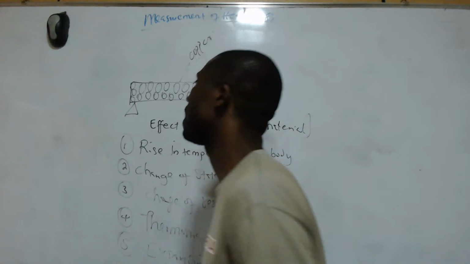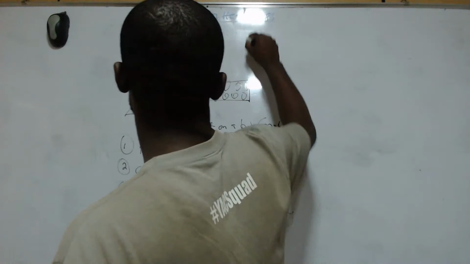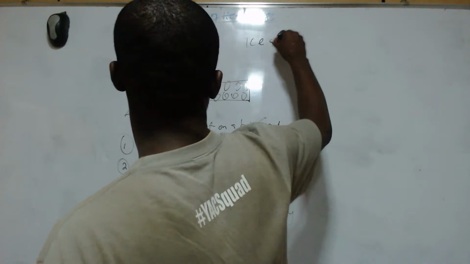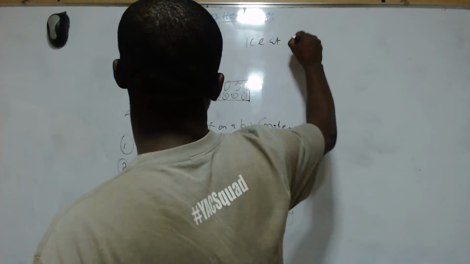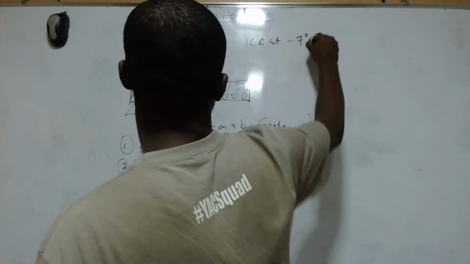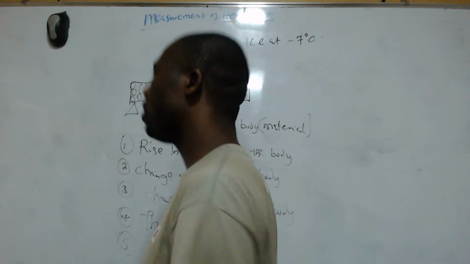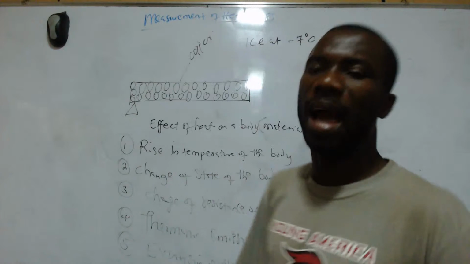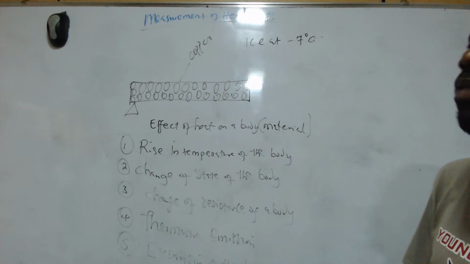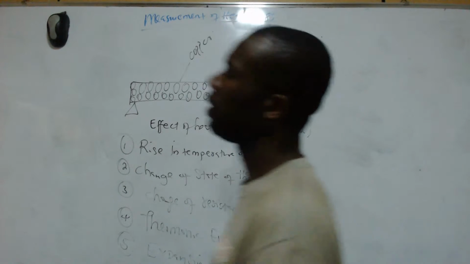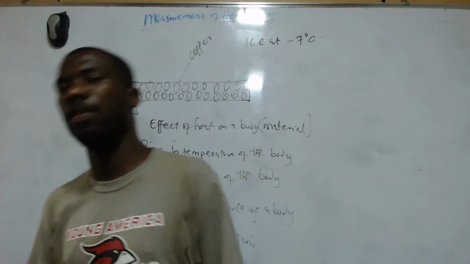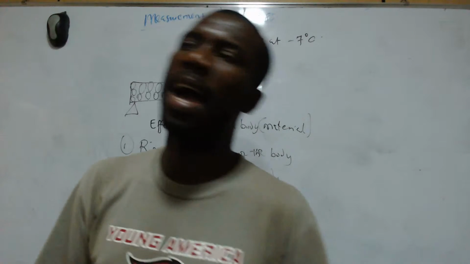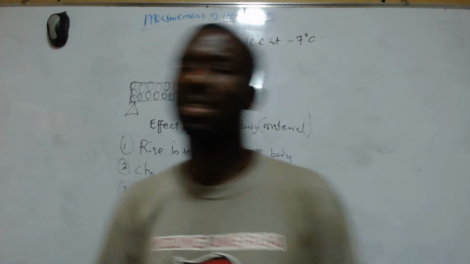The application of heat causes change of state. Let's take, for instance, we have ice at, let's say, minus 7 degrees centigrade. When you have ice at this temperature, the matter is in solid form. Now, heat is given to that body. When heat is given to the ice, the temperature starts rising.